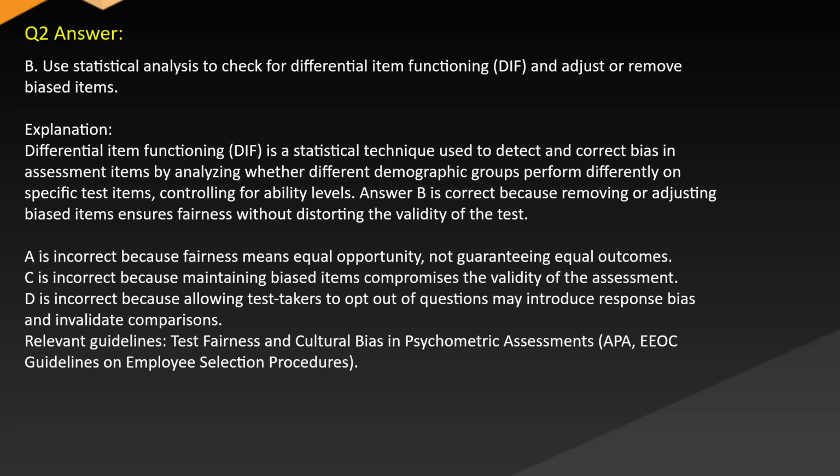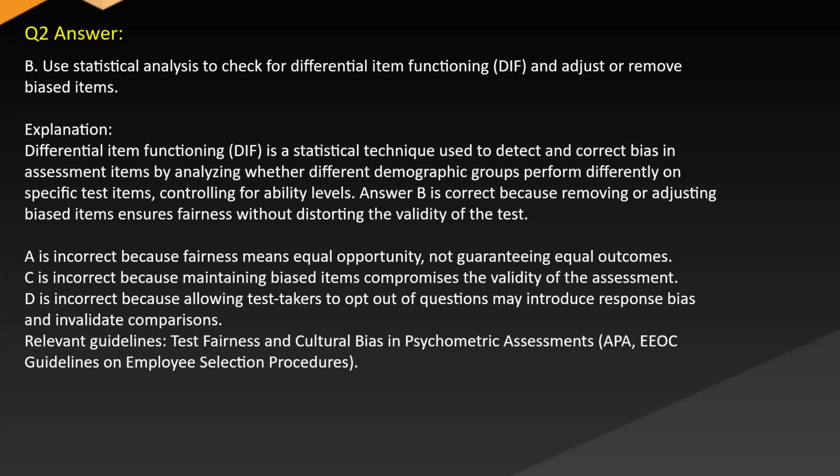Explanation. Differential item functioning, DIF, is a statistical technique used to detect and correct bias in assessment items by analyzing whether different demographic groups perform differently on specific test items, controlling for ability levels. Answer B is correct because removing or adjusting biased items ensures fairness without distorting the validity of the test. A is incorrect because fairness means equal opportunity, not guaranteeing equal outcomes.